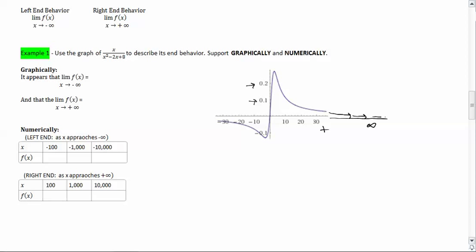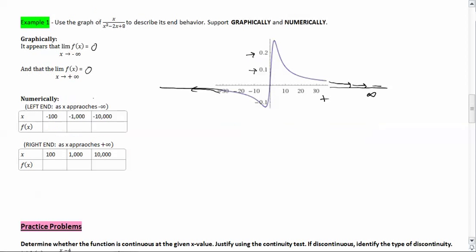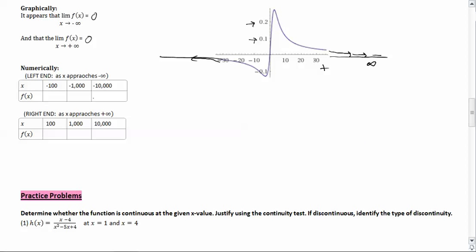So I'm going to guess, looking at the graph, that the limit of f of x as x approaches negative infinity, since it looks like it's going to hit that x-axis, is probably 0. And the limit of f of x as x approaches positive infinity is also probably 0. We can support this numerically by making a table, plugging in values. On the left end, as x approaches negative infinity, you type in negative numbers, bigger and bigger.